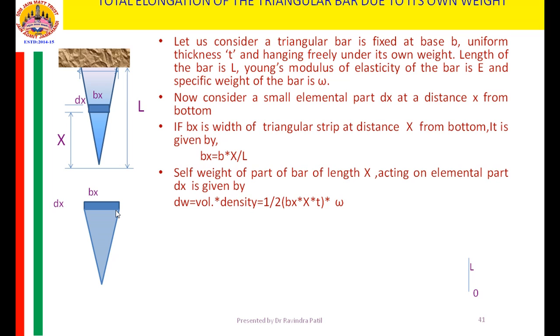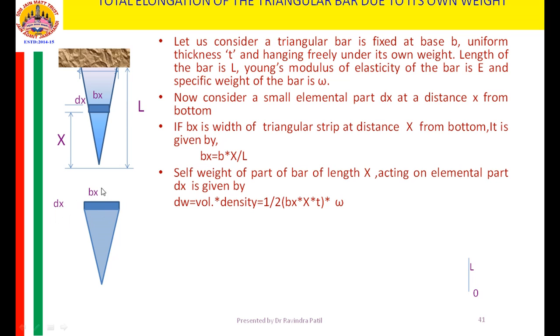Therefore, the deformation of that small elemental part dx is given by this weight, that is P, into length dx, divided by area. What is the cross sectional area here?